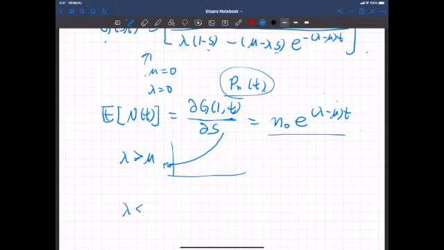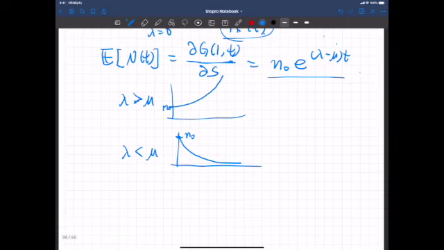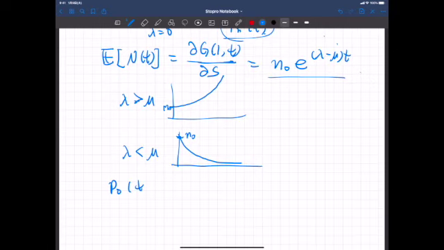And if lambda is less than mu, then the population size decreases exponentially starting from n0, which is reasonable. You can also calculate the probability of extinction. I hope you try this. And also the probability of ultimate extinction, that is, the limit of this with t going to infinity.